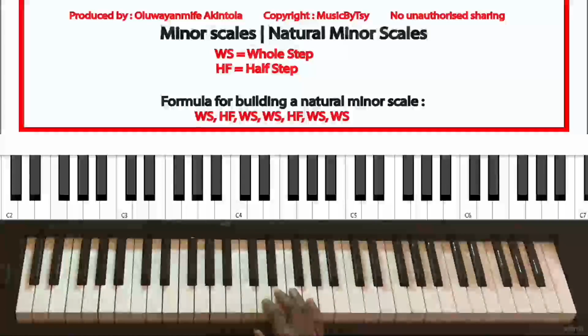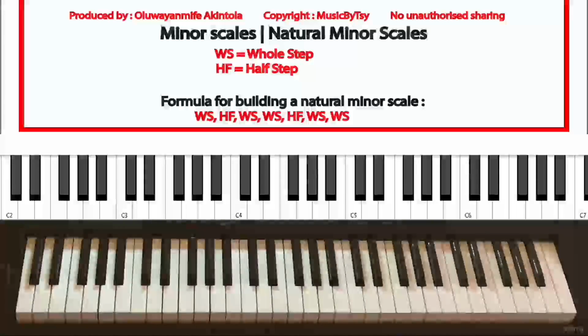So, for example, the C major scale is made up of the unique keys of C, D, E, F, G, A, and B. There is also a natural minor scale that is made up of the same set of unique keys that the C major scale is made up of.